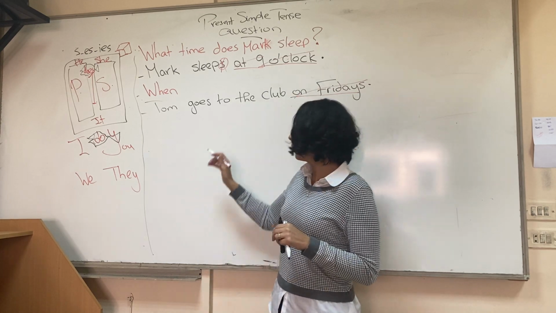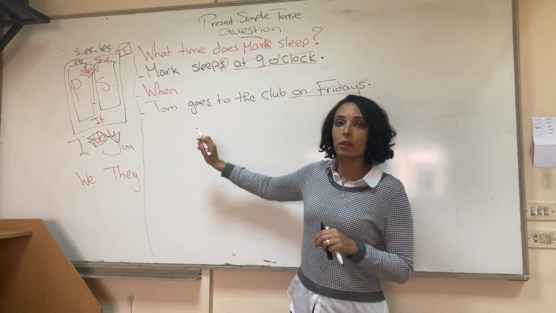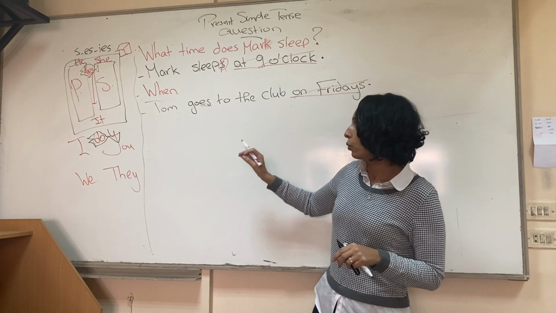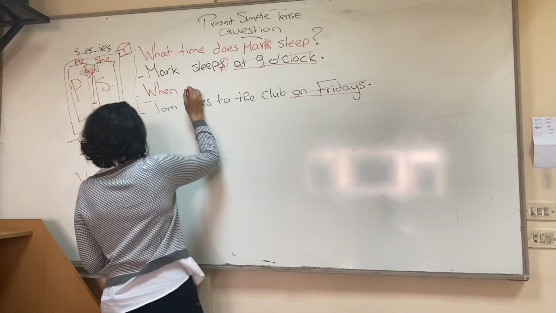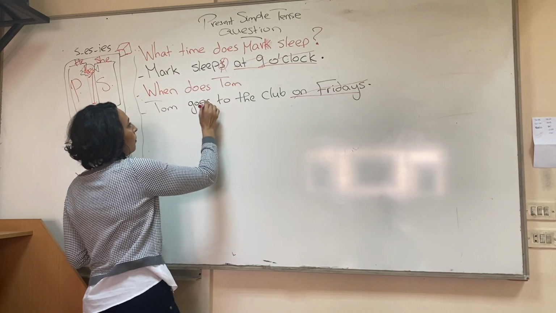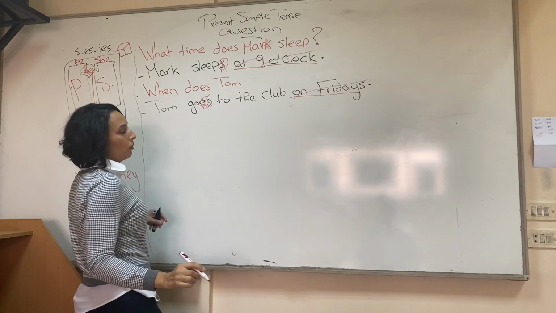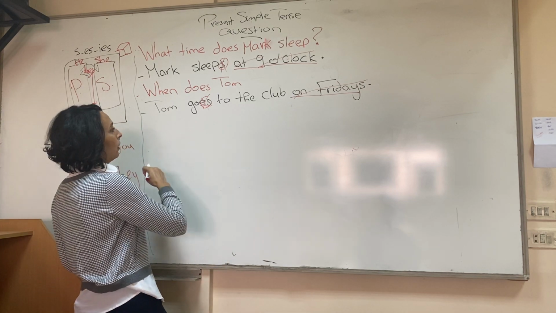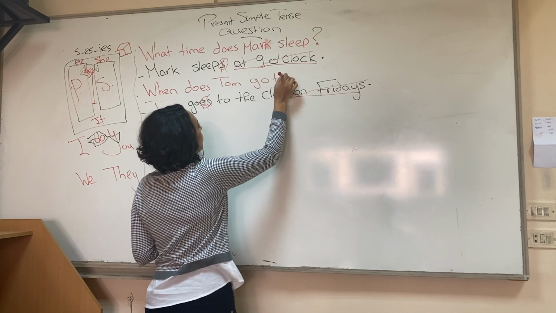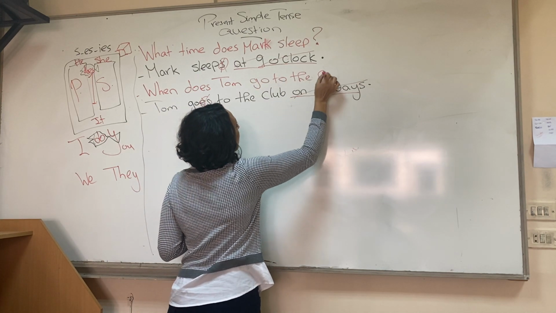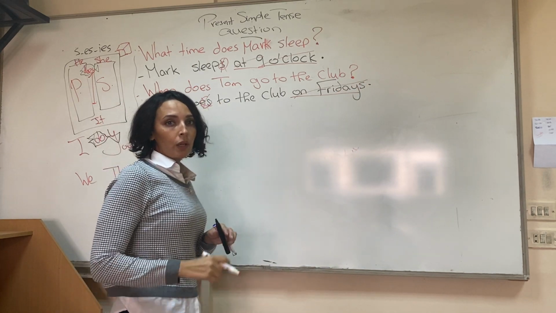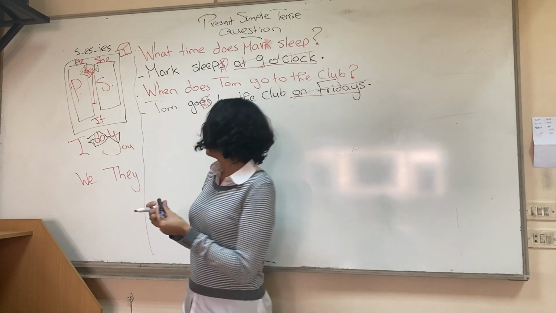Here, look at the verb. Goes. You have one of the presents, so yes, does. So when does Tom, the greedy does will eat the es. When does Tom go to the club? Let's go to the next one.